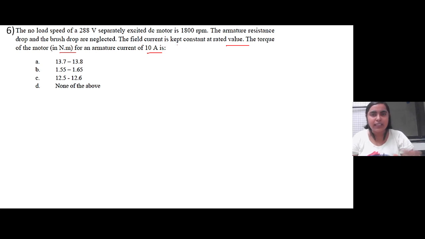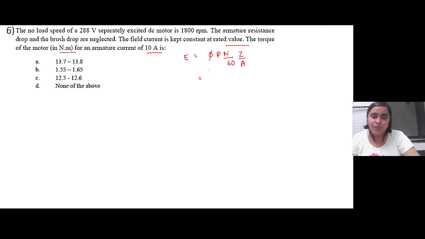So first let us write the equation of back EMF and torque and see how we can extract the values from the first information and put it in the next information to calculate the torque. So the back EMF is given, as we have seen earlier, PN by 60 into Z by A, right?